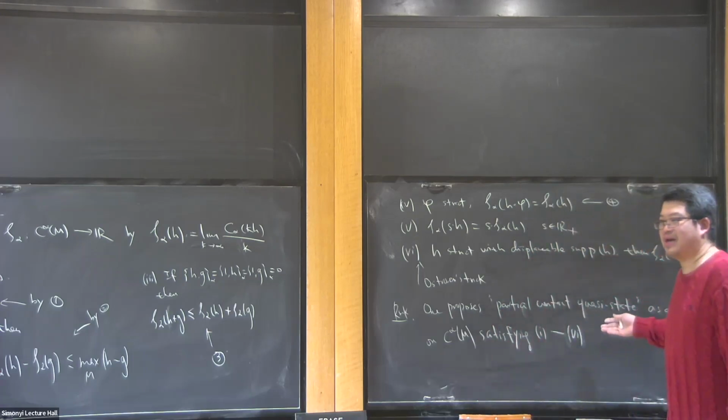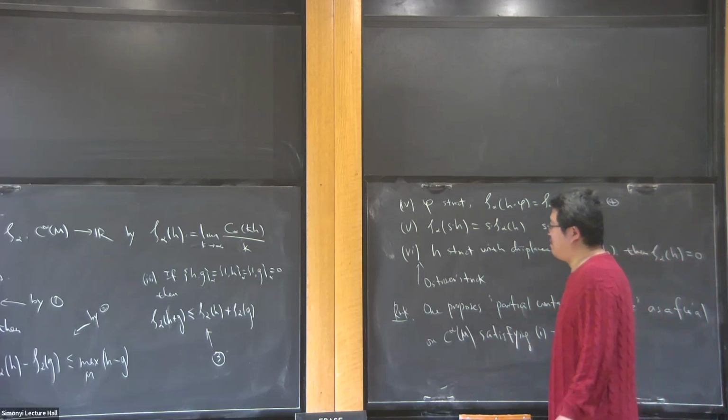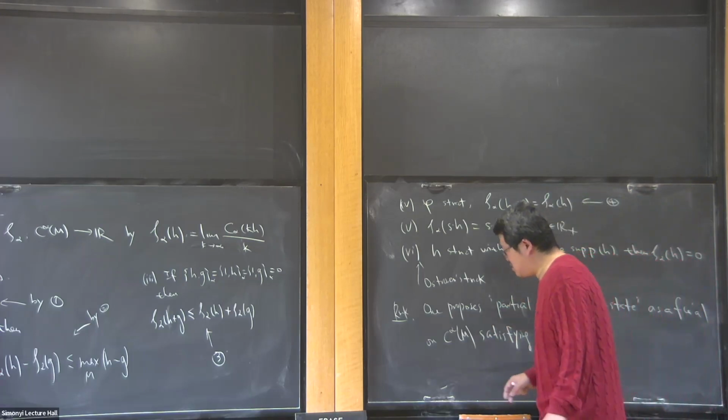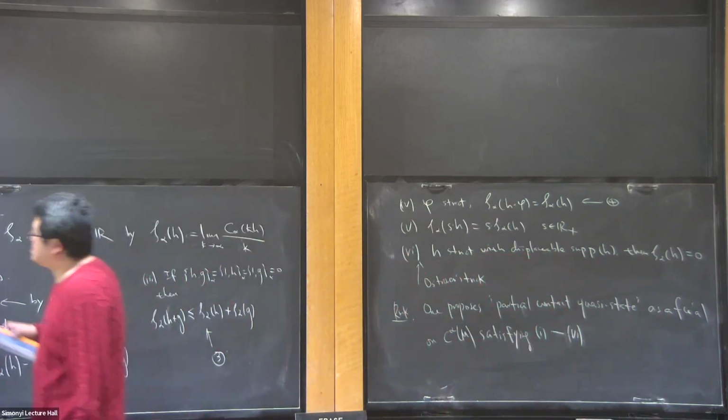So this will be a contact analog of partial symplectic quasi-states that were invented by Entov-Polterovich. Okay, so this is step 1, that you cook up something like eventually a partial contact quasi-state. Go to step 2.